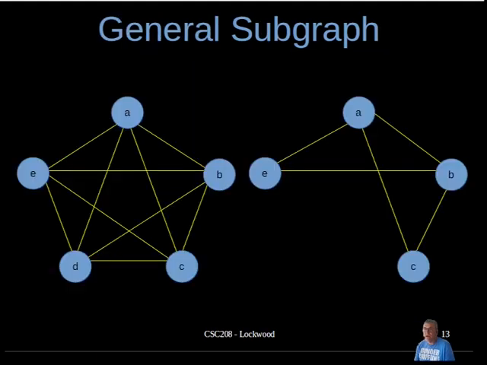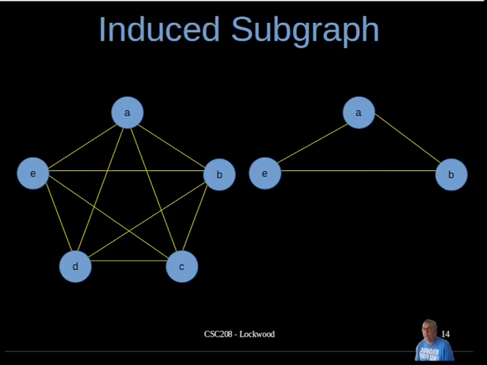So again, let's just look at a couple of examples. On the left, I'm showing a graph. We'll learn in a couple minutes, this graph is called K5. And I'm showing on the right a general subgraph. So it's just a selected number of vertices and edges from that graph. Again, we are looking on the left at K5, but now we're looking at an induced subgraph.